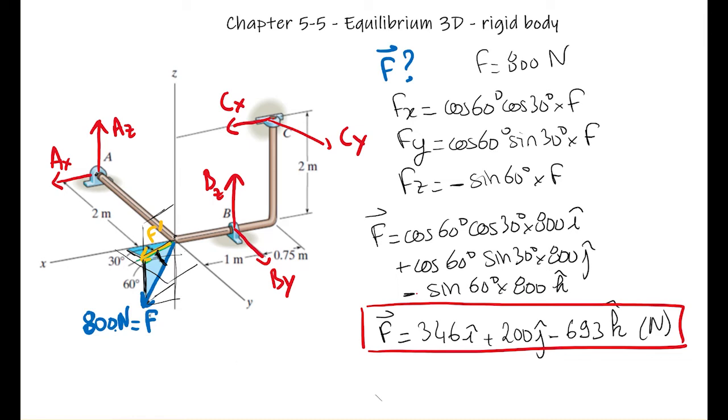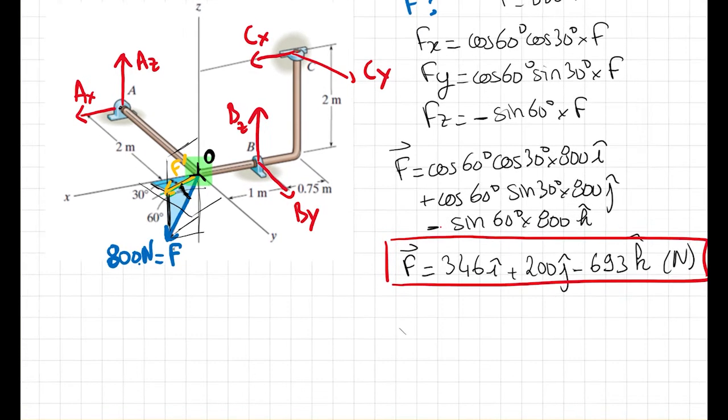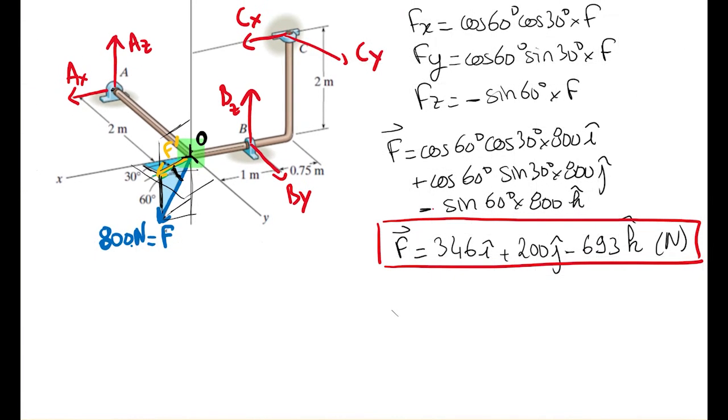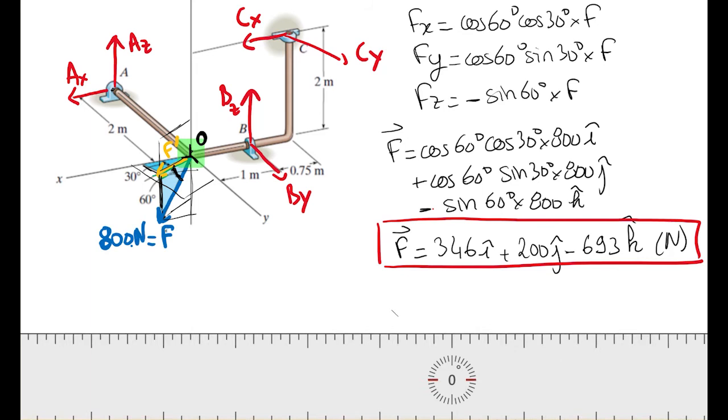So let's use the point O there as our 0, and that's where I do my table.